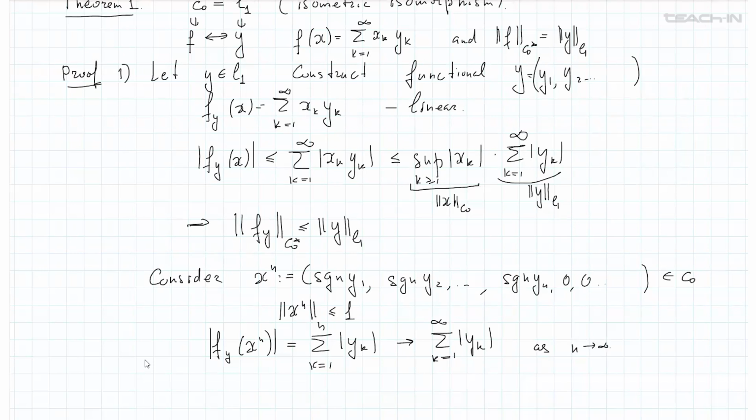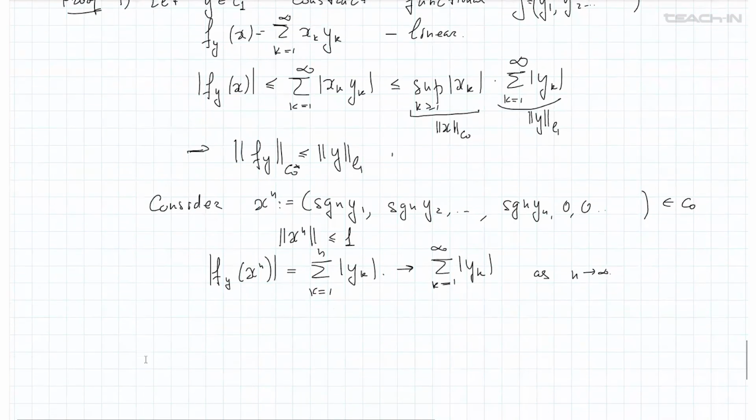So by this estimation and this property, we can conclude that the norm of the functional in the adjoint space is just the norm of sequence y in l1. So this step is finished.